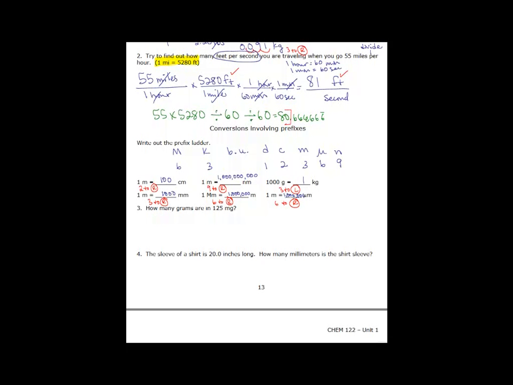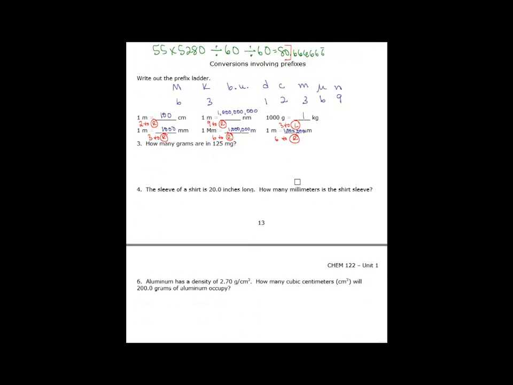So, I'm going to show you how we can use these conversion factors along with the prefix ladder. How many grams are in 125 milligrams? So, if I was going to do this as a conversion setup, 125 milligrams over 1, I want grams as my answer. And so I need to figure out the conversion factor for grams to milligrams.